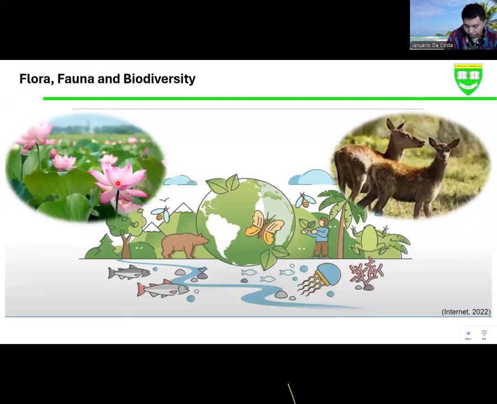Some of the ecosystems or biodiversity that are most impacted are the plants, the trees, the animals, the insects, the amphibians, all of those that live in the surroundings. So we need to take that into consideration as well.